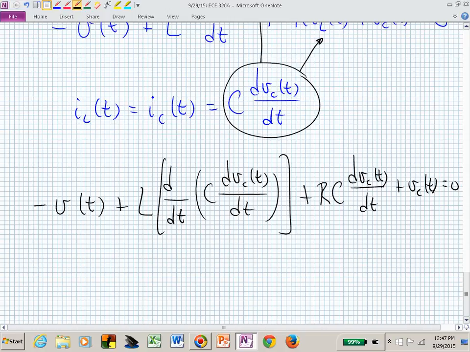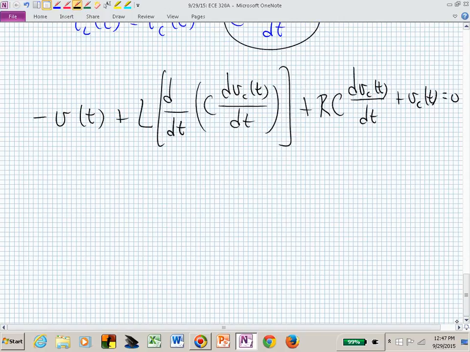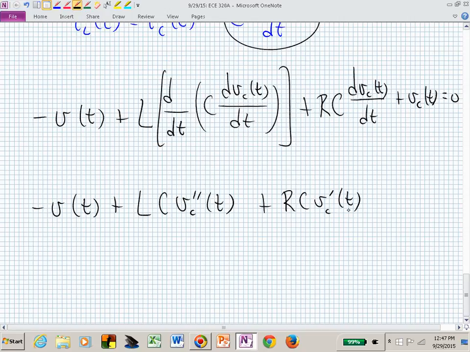Let me rewrite this. I now can say that this is minus V of t plus LC V sub C double prime, that's the second derivative of the capacitor voltage, plus RC times the first derivative of the capacitor voltage, plus V sub C equaling 0.